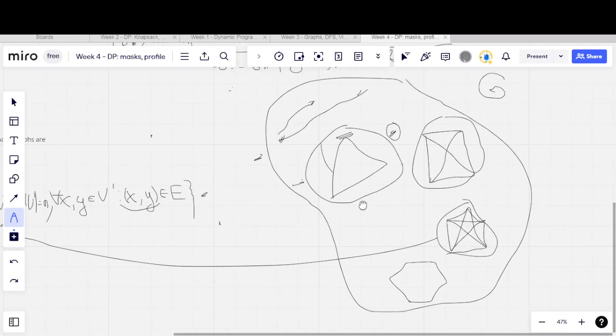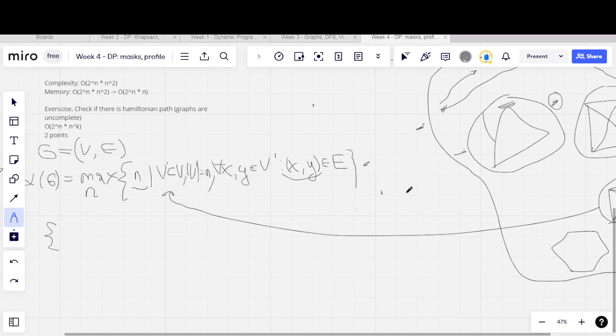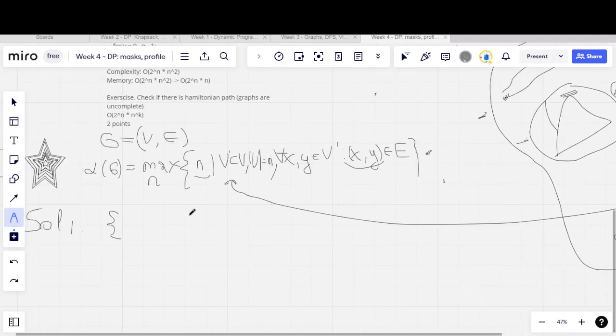if there's a clique. So we consider subsets of vertices, and we check.